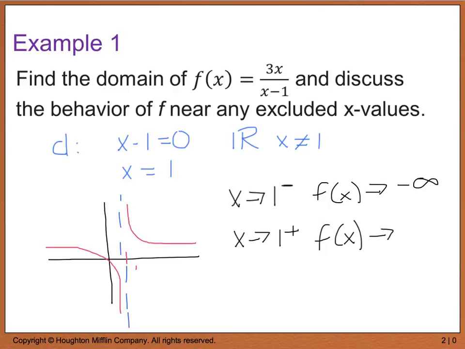So we're going to say f of x approaches positive infinity. So in your book, you'll see this notation, that f of x is approaching negative infinity as x approaches 1 from the left, and f of x, or your y values, are approaching positive infinity as x is approaching 1 from the right.